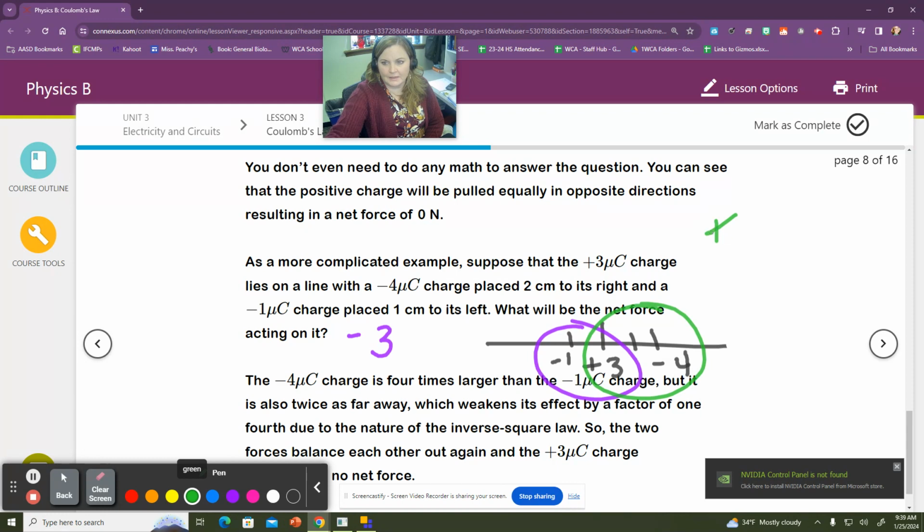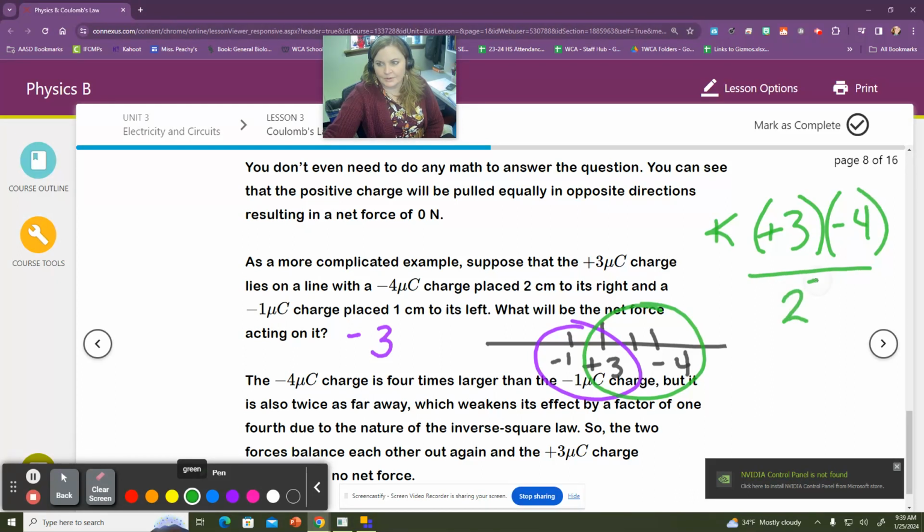Then let's do the force between these two. Again, leave K alone, we don't need it. Our first charge is +3. Second charge is -4. The distance between them is 2 squared. So 3 times 4 is 12, and it's a -12, divided by 4, and that equals -3.